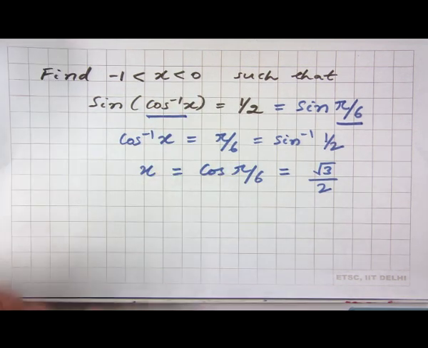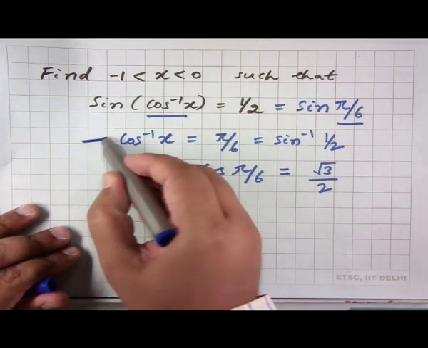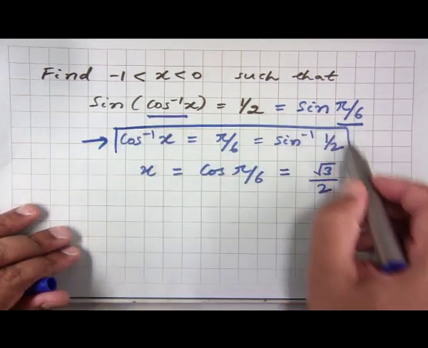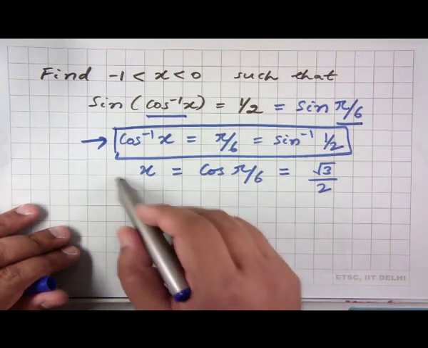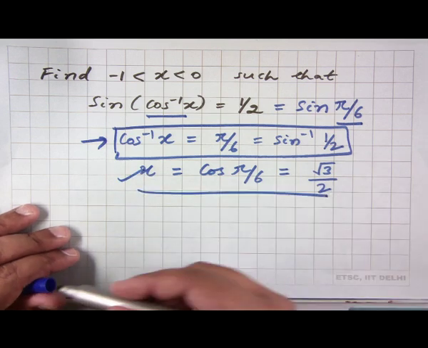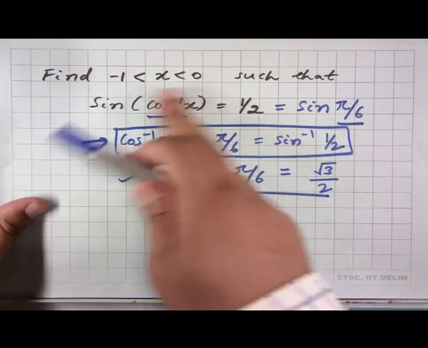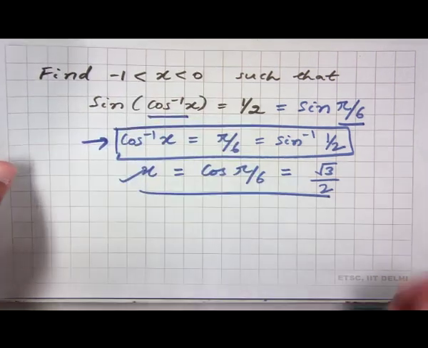So, essentially if we equate it like this, then for sure the value of x that you get here is not going to lie in the interval minus 1 to 0.